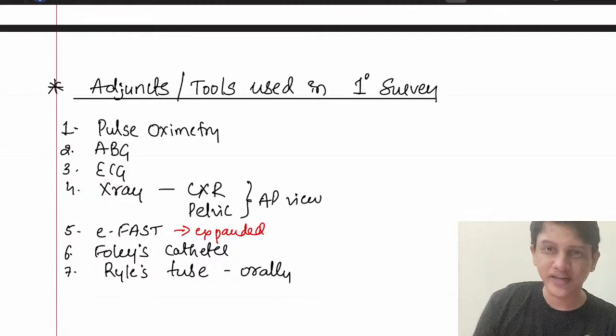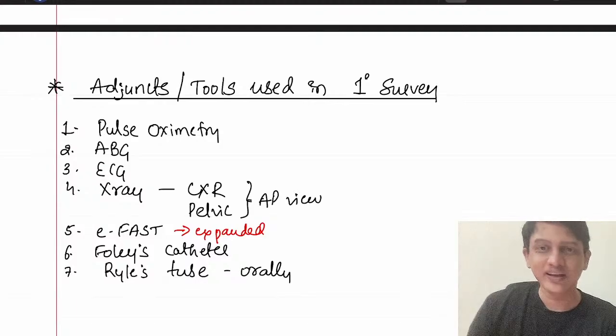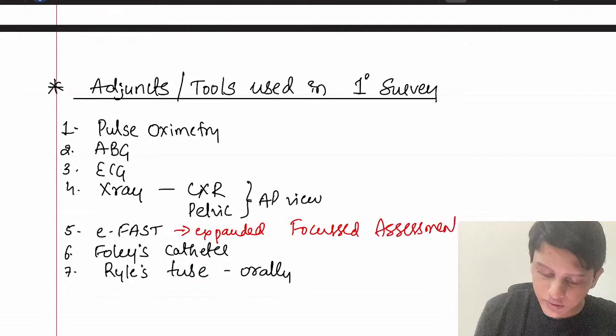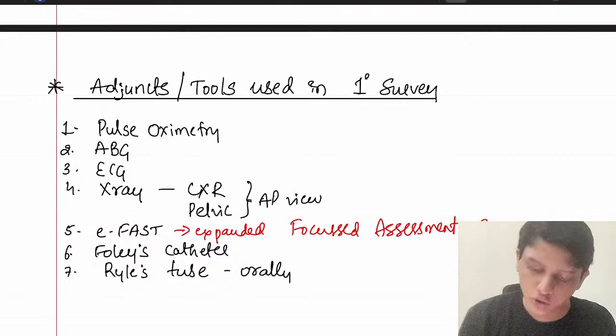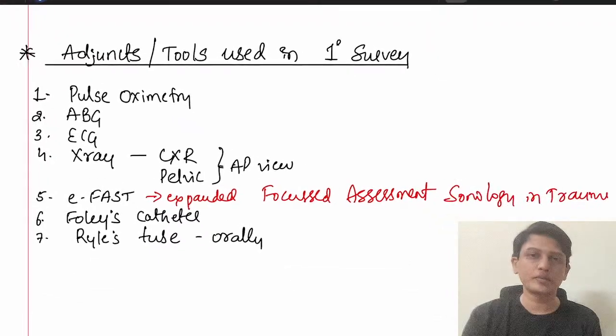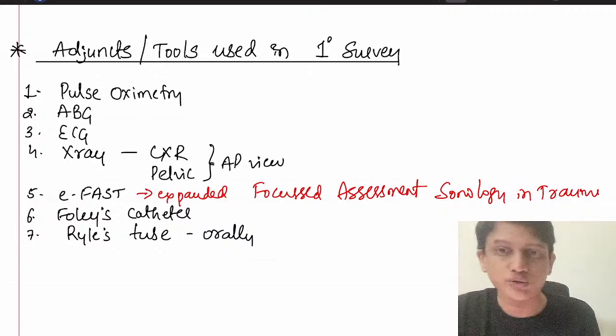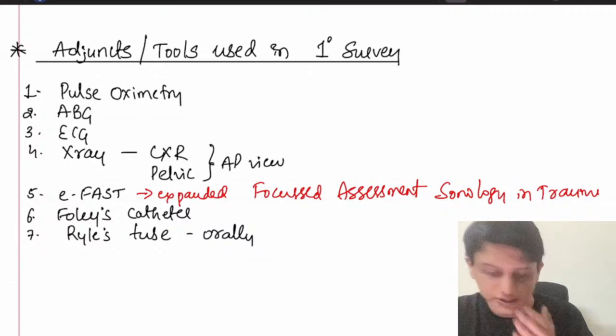That's why it's called extended, one more extra is included. Sonology, you know, sonography or USG, in trauma. This is done. I'll tell in abdominal trauma, it's used to look into the abdomen for any fluid collection or any injury.